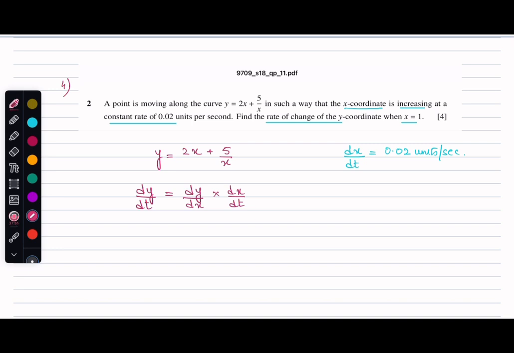So solving further for dy by dx, our y equation is given as 2x plus 5x to the power minus 1, or I can say that my dy by dx, the change in y with respect to x, shall be the differential of 2x is 2, 5 gets multiplied by negative 1, giving me a negative 5, and x then should be to the power negative 2 here.